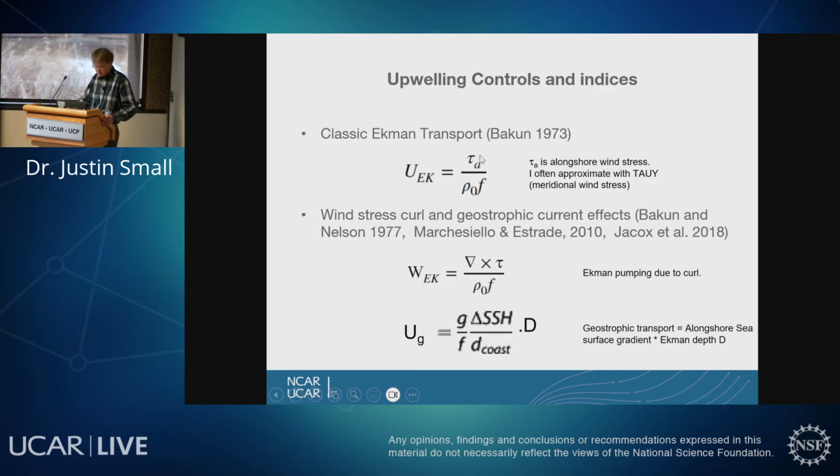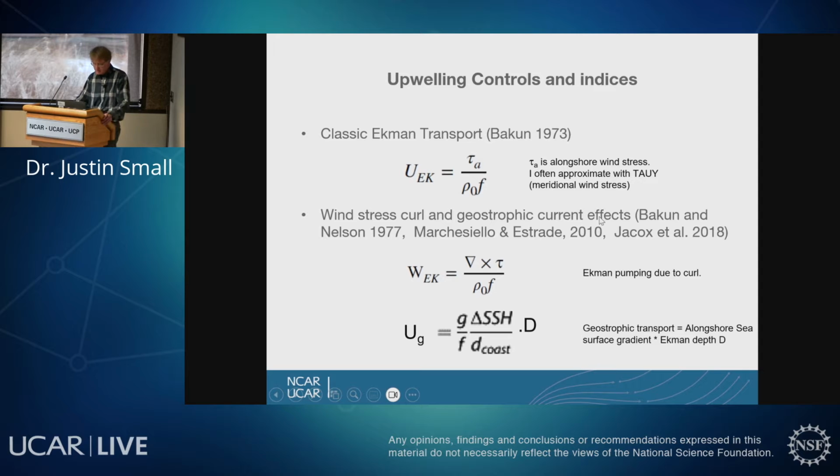And it's the alongshore wind stress, marked tau A here, divided by density times Coriolis. And I'll often in this talk approximate alongshore with just meridional, because many of the boundaries are approximately aligned with the meridional. I'll call that tau Y. So that's a terminology thing for later in the talk. So that's the classic index.